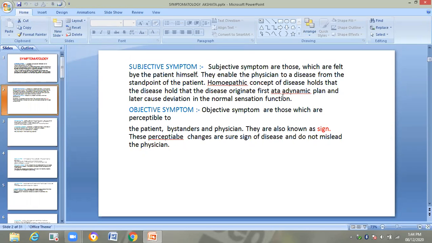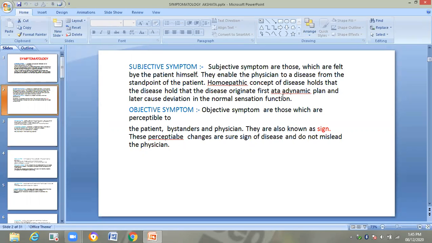The symptoms may also be felt by the person, but at the same time the attendant and the relatives of the patient can observe them, as well as the physician himself. These symptoms are called signs or objective symptoms.